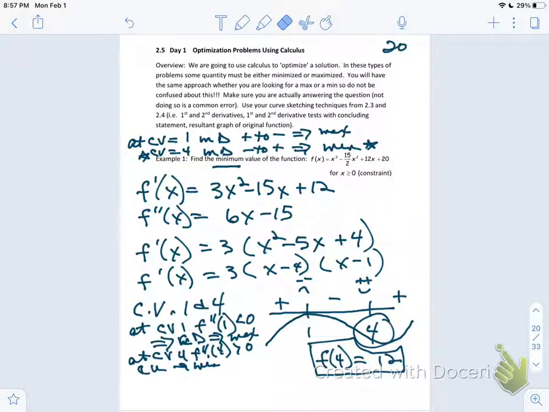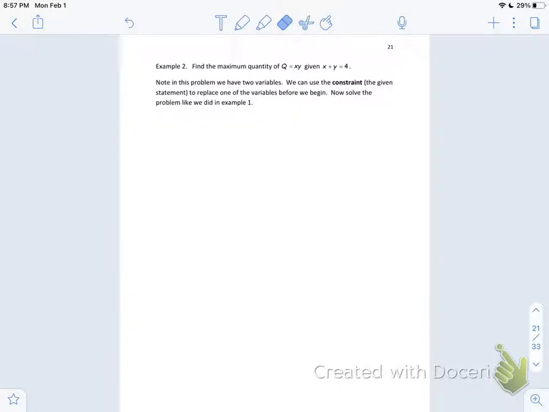Let's look at 21 now. 21 says find the maximum quantity of this given this. So here we have two variables. So the first thing we have to do is use our constraint. So initially I have q equals x times y, and x plus y equals 4.